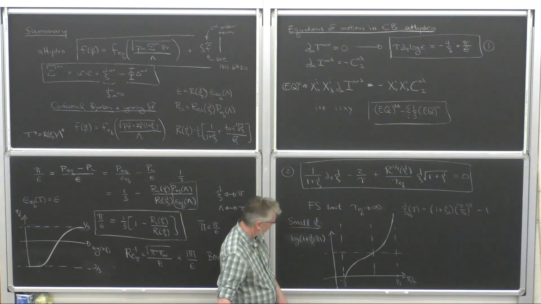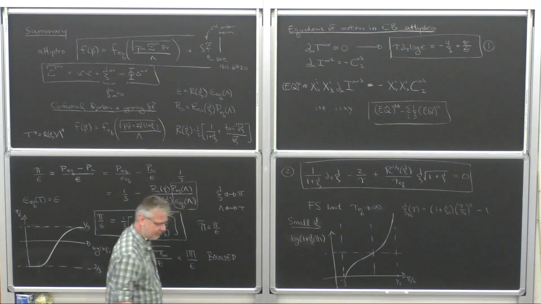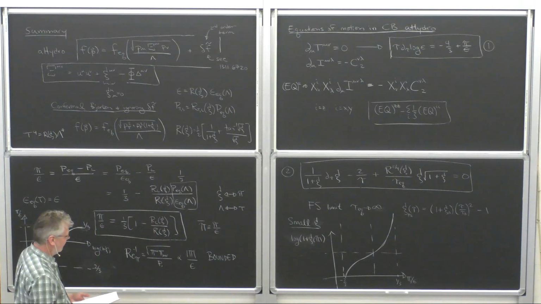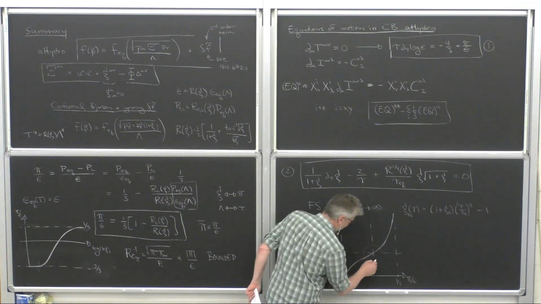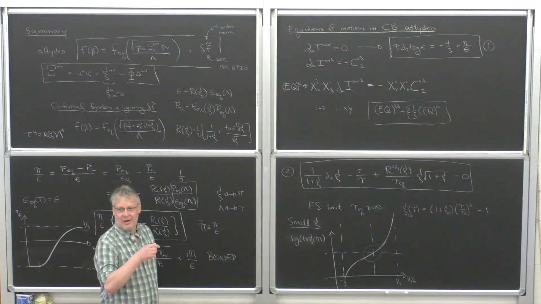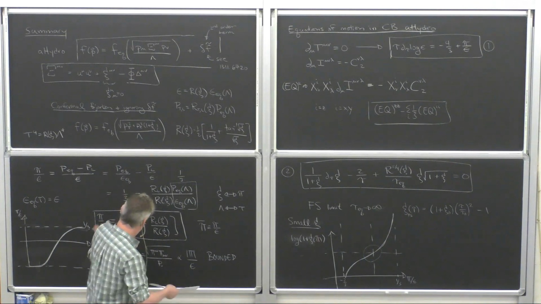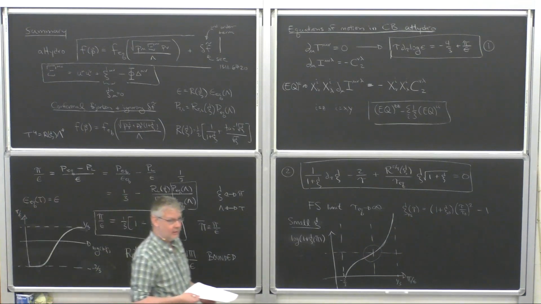So that's shooting off to minus infinity. And over here at the other asymptote, it's shooting off to plus infinity. Now, in this region, you can see that it's approximately linear. If I want to go beyond the linear approximation, I can just systematically expand this function and do the inversion that way. Clear?